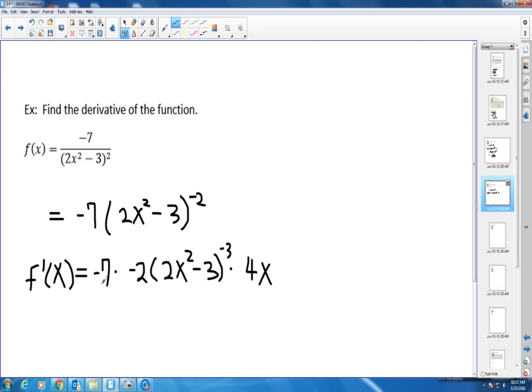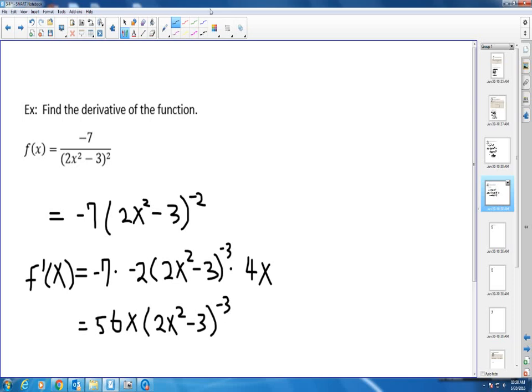If I multiply negative 7, negative 2, and my 4x, that will give me 56x times 2x squared minus 3 to the negative third power.